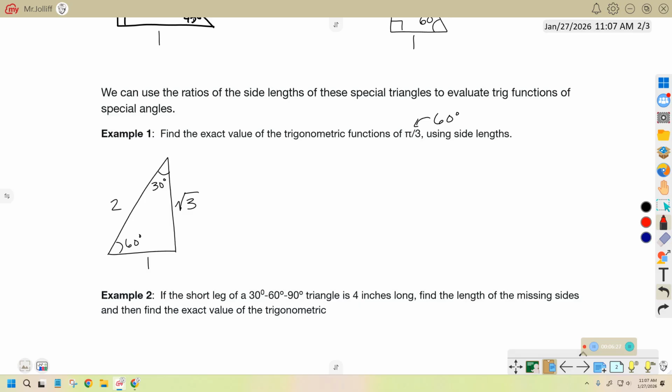And I want to find all 6 trig functions for that angle. So looking at that 60 degrees, where's my opposite side? Root 3. Good. Where's my adjacent side? 1. Perfect. This guy must be my hypotenuse because he's the longest. And we're going to go through and set up our 6 trig functions.